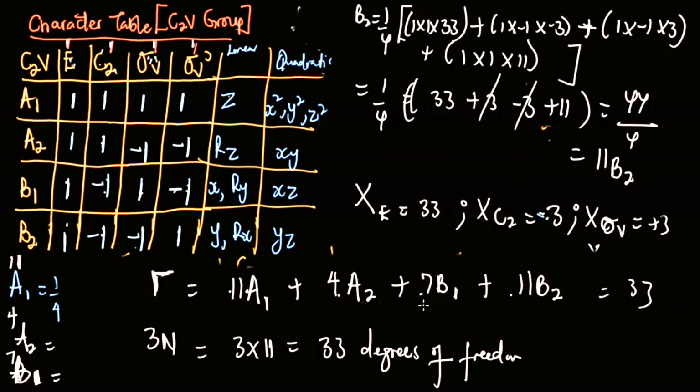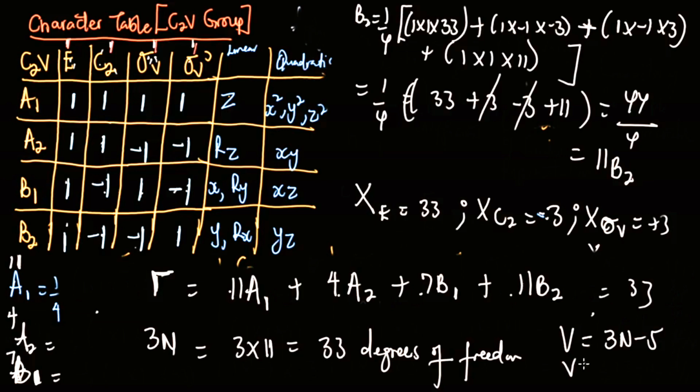Now we need to assign which one is translational degree of freedom, which one is rotational, and which one is vibrational. When the compound is linear, the vibrational degrees of freedom will be 3n minus 5.